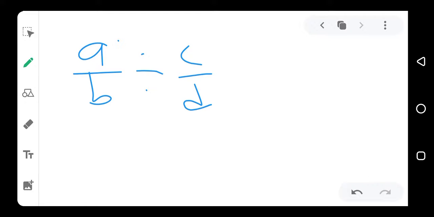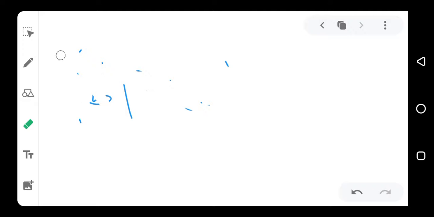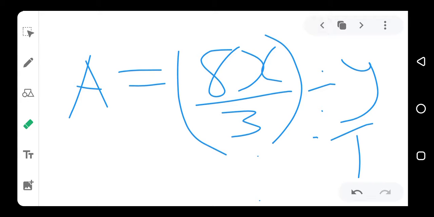Now what this means is that you leave the first one the way it is, then the second one, the C that is on top, you bring it down, and the D that is down, you bring it up. So by then you have changed this division to multiplication. So what we're now going to do is that this one is now two fractions. This is the first fraction.